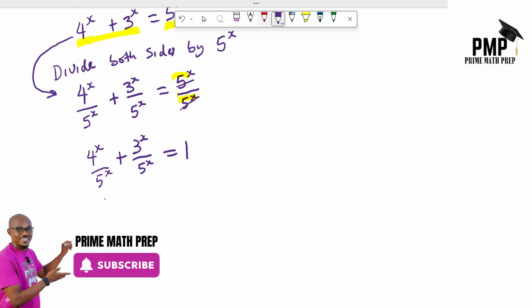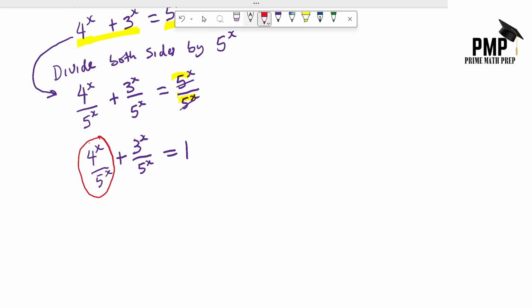Recall also that this left hand side, where's my highlighter? Come over here. Okay, let's use this. This can be broken down using the exponent.